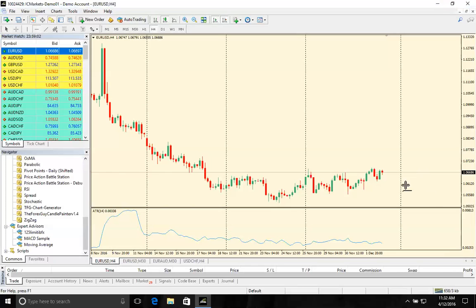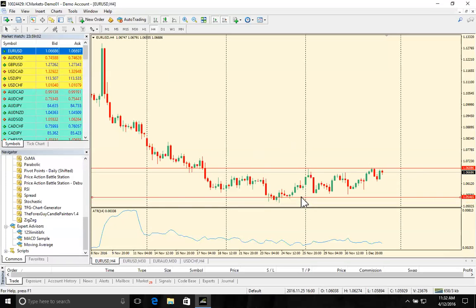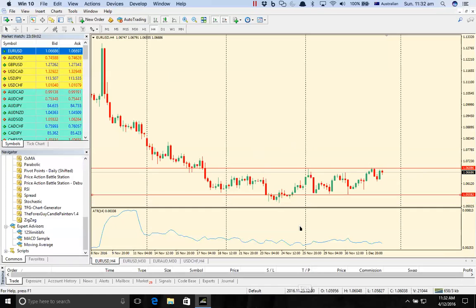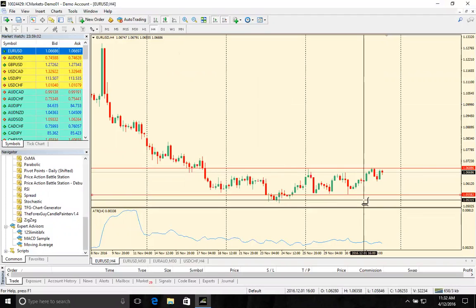You're talking about right up here and up here. Yep. Okay, 1.06. All right. Can anybody else tell me where the stop loss should be? Shahid Mansoor says 1.06536.